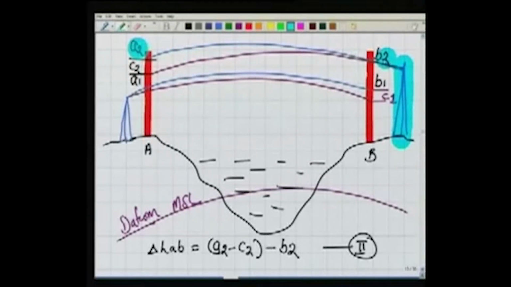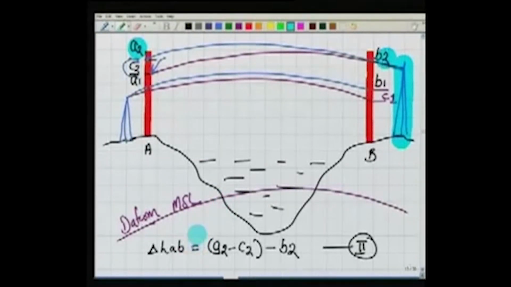Again in A2, the bisection should have been at this point here. I should have seen this, I should have read it. But because of the error, I am not reading this, rather I am reading somewhere here at A2. So I should apply in A2 the correction which is equal to C2.